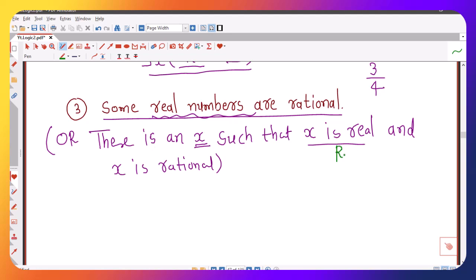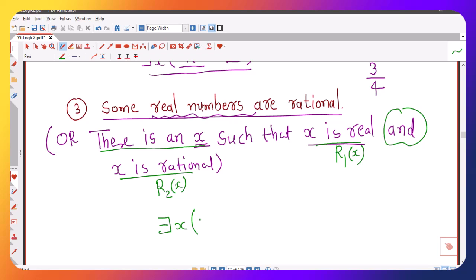So this is our R1(x), x is real, and this is denoted by R2(x), and here we require at least one x, therefore we use the existential quantifier, there exists x, and here both the statements are true, so we use the AND operator, R1(x) and R2(x), and we obtain the symbolic form of the given statement.